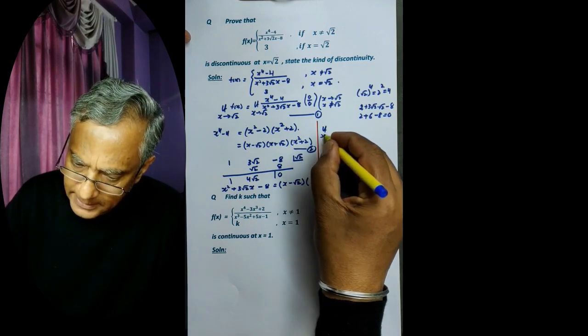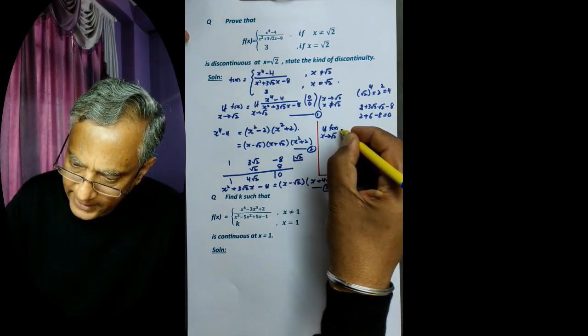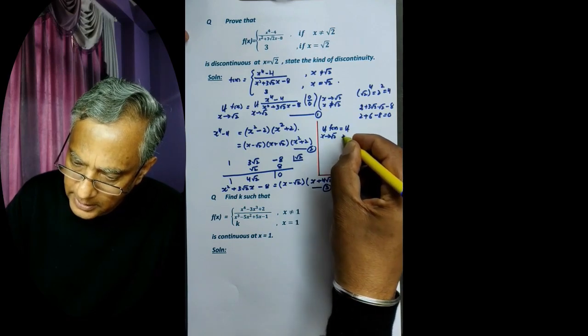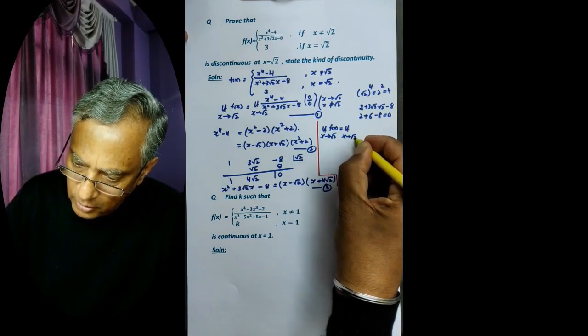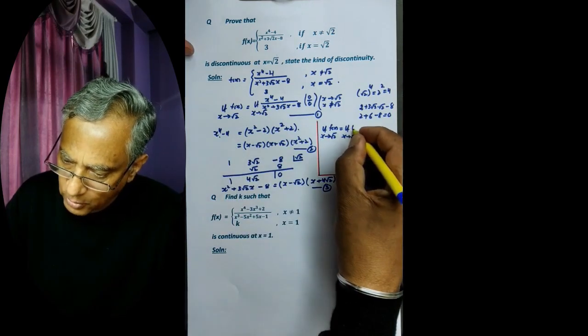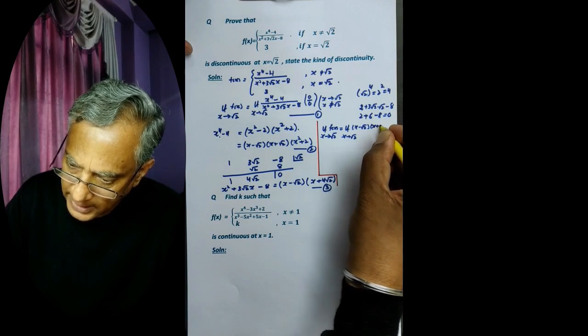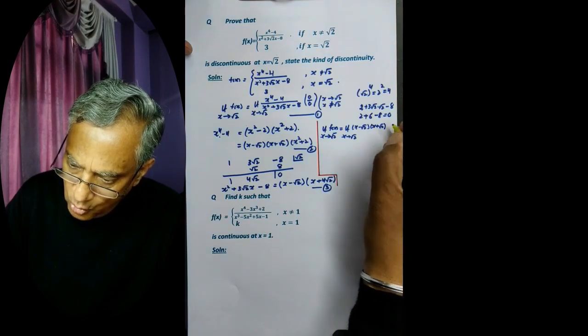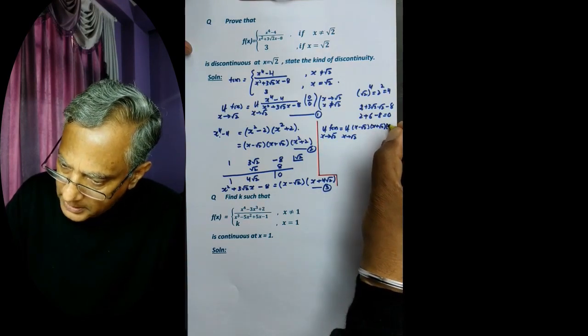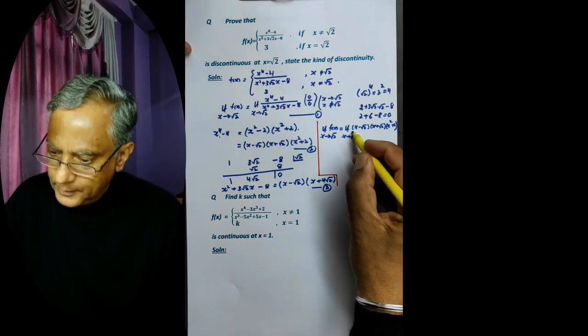What we get is limit x approaches √2 of f(x) is equal to limit x approaches √2. Now x⁴ − 4 is equal to (x − √2)(x + √2)(x² + 2).